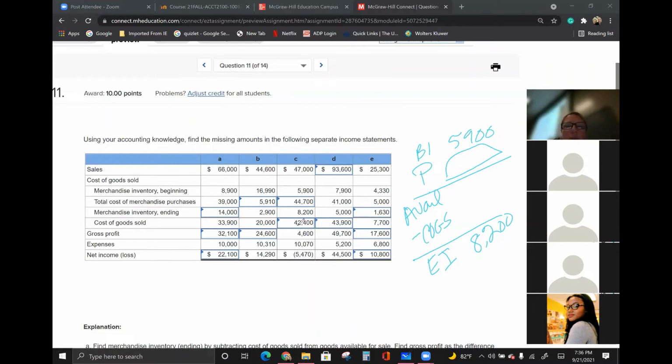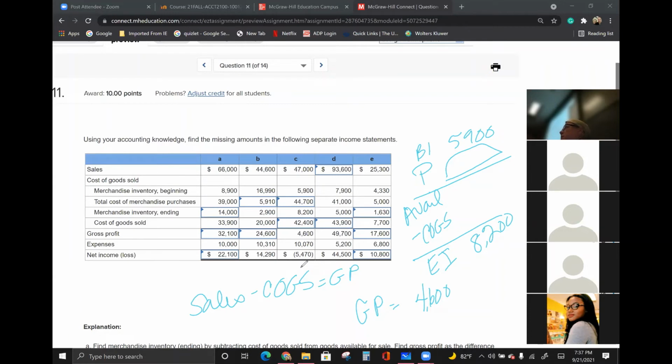Okay, so my gross profit equals 4,600. How do we calculate gross profit? Sales minus cost of goods sold equals gross profit. I know my sales and I know my gross profit. So now I can figure out my cost of goods sold. So I'm not figuring it out from the inventory side first.